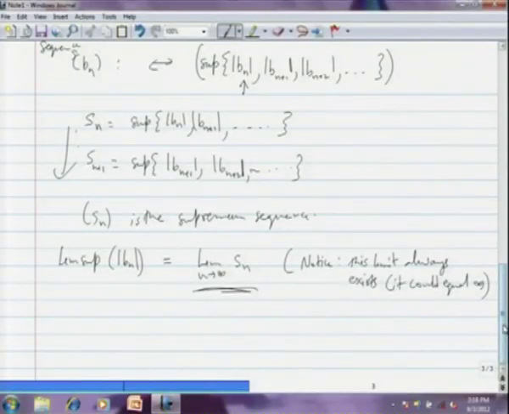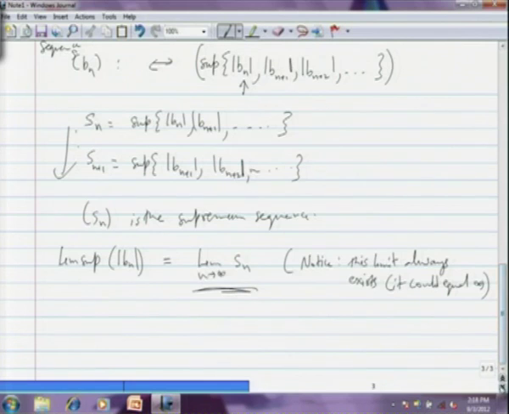Now, let us show that power series are analytic within their radius of convergence. In order to show that, first I am going to need a little lemma.